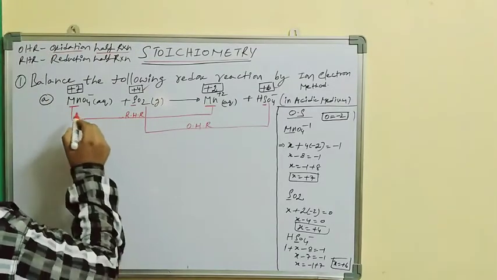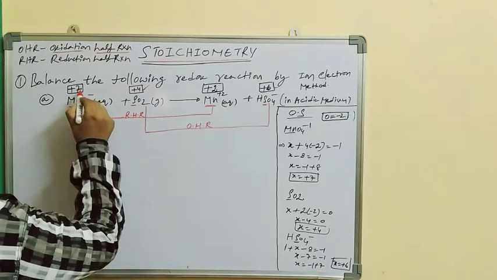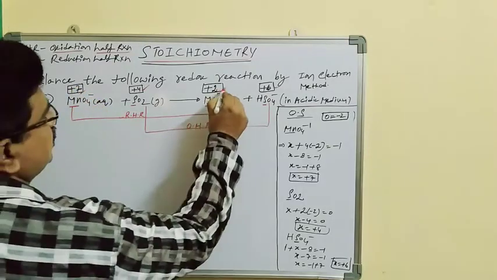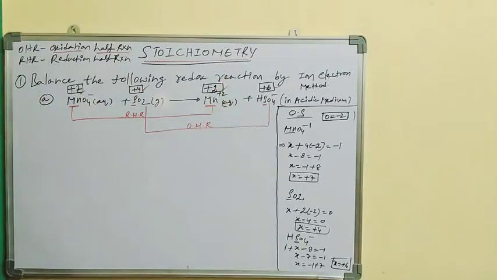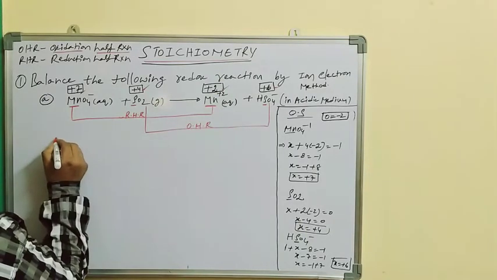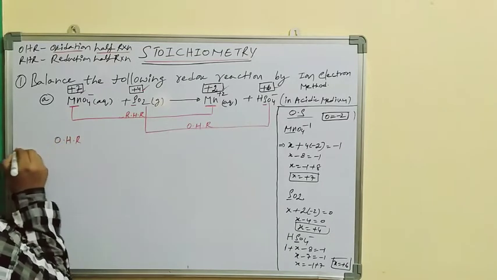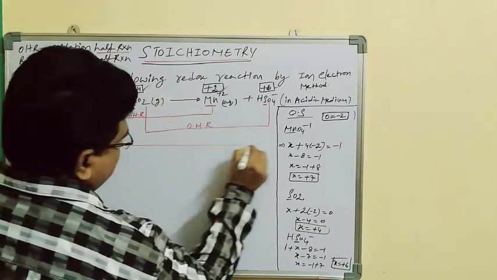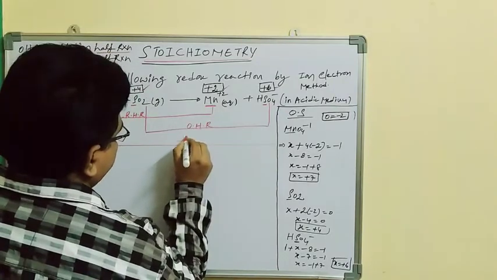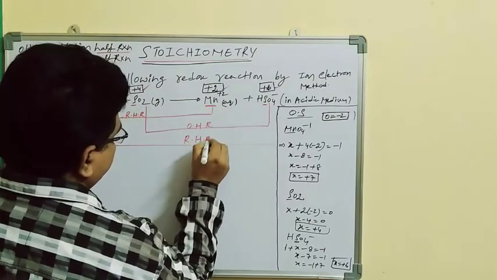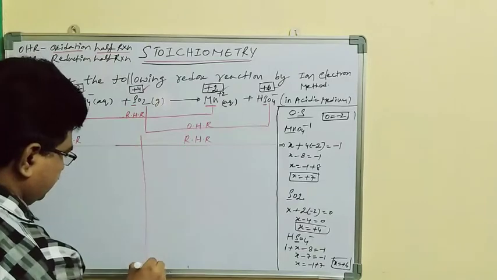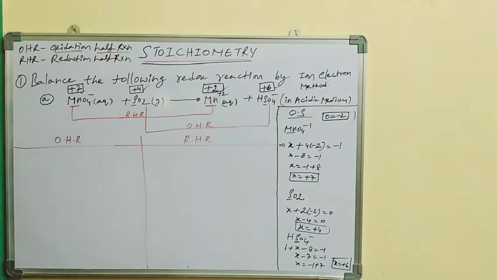Here +7 to +2, the number decreases, so it is the reduction half reaction. I am writing here on the side OHR, oxidation half reaction, and RHR, reduction half reaction.